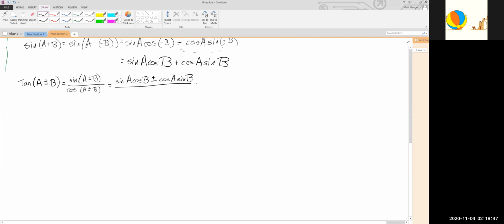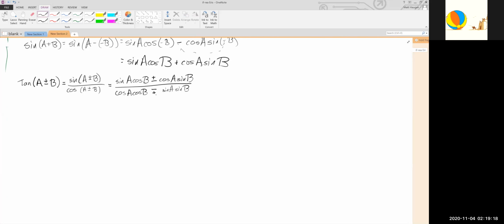Great. Divided by cosine of A cosine of B, and it'll be sine A sine B over here. But when this is a positive, that's going to be a negative. When the cosine is a subtraction, that's going to be an addition. So notice that. You'll sometimes see that plus or minus switch. You're like, why is that switched?